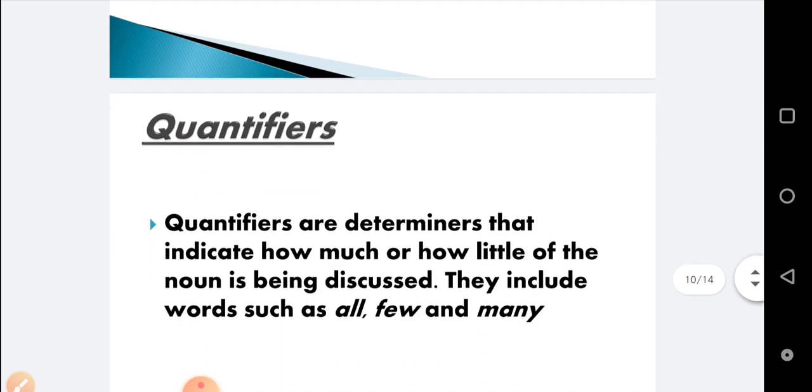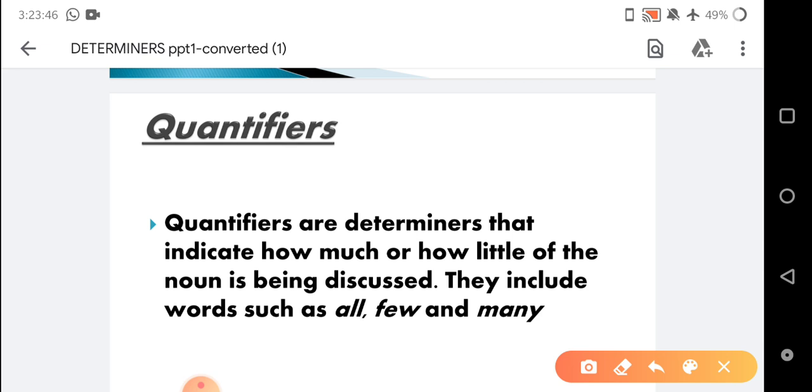Next we have quantifiers, which determine the amount or the quantity. So these 2 words are very important for you: how much or how little. Quantifiers include words such as all, few and many.